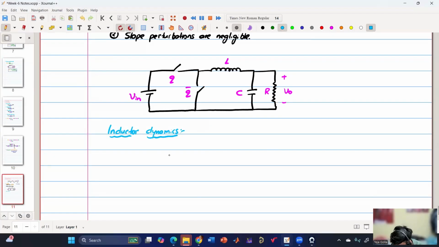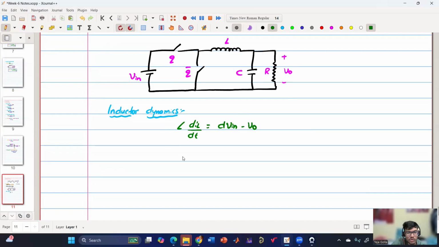So we know that L dI by dt is nothing but Q into V in, or D into V in if we take the average, minus V0, and there are no parasitics. Then if you perturb it and consider only the AC perturbation, because we are talking about the AC circuit, we'll get something like this.